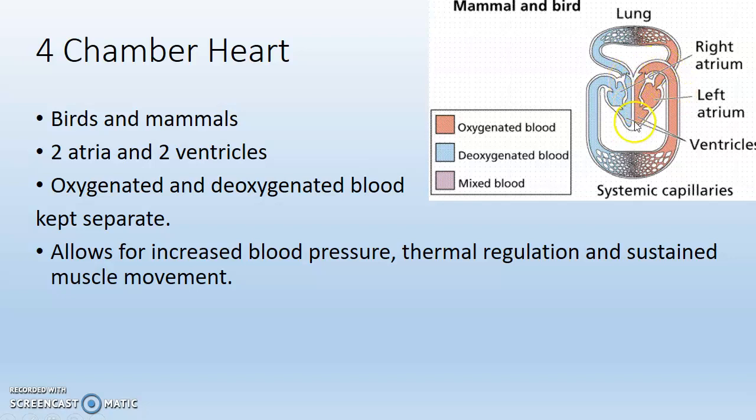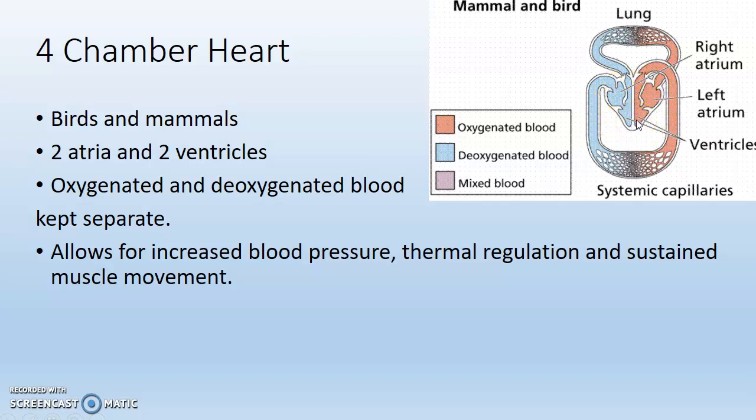Note that wall there, now we don't have our blood mixing anymore. Our oxygenated blood is separate from our deoxygenated blood. And what that does is it keeps that oxygen level high and allows us to function at that high level. Also, by having these 2 separate sides, now we have more pressure, right? If you remember that last slide, that ventricle was a lot larger, so you couldn't build pressure.